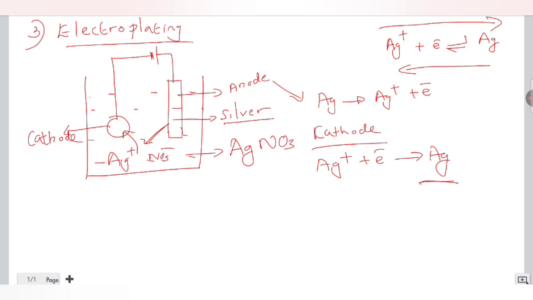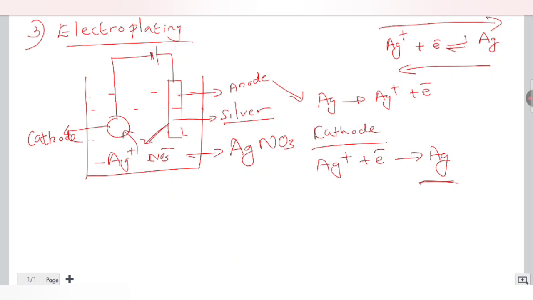So what is your reasoning here? You can see when one Ag+ moves into the solution, one moves out of the solution, right? That's what is happening here. It means the rate of oxidation is the same as what? Rate of reduction. So that is why the concentration of this electrolyte remains the same.